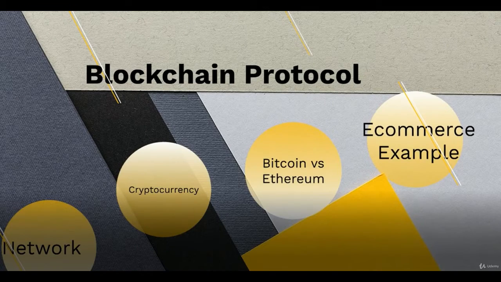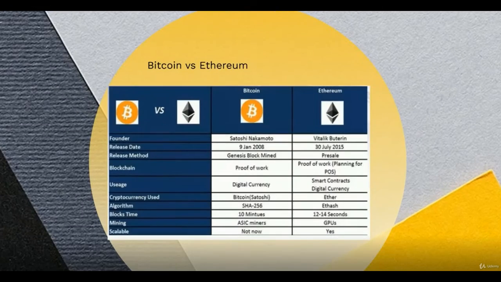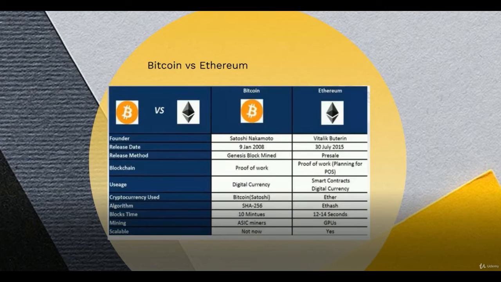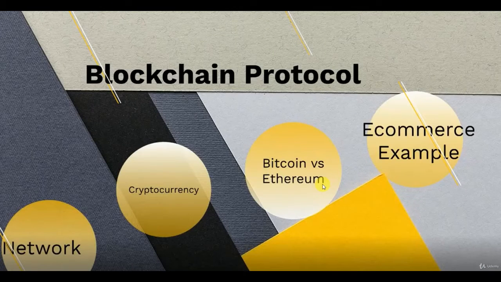The next important concept we need to see is Bitcoin to Ethereum exchange, which can be seen in the next video. In the last video, we have seen about the cryptocurrency as well as the network. And now we are going to see about the Bitcoin and the Ethereum. What is the difference between the Bitcoin and the Ethereum?